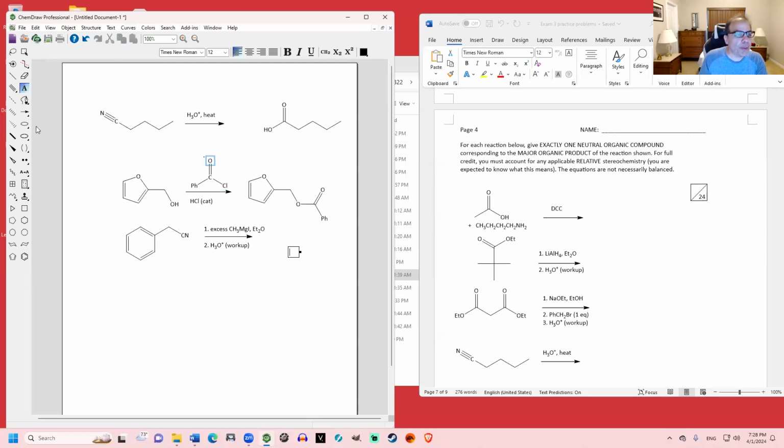If we had used benzoic anhydride instead of benzoyl chloride, which would look like this, you get the exact same product by the exact same mechanism.